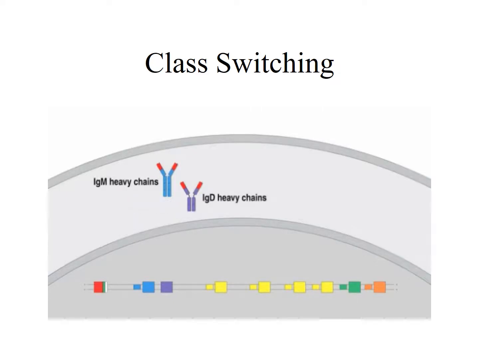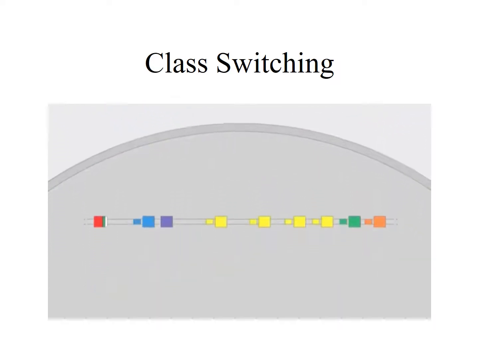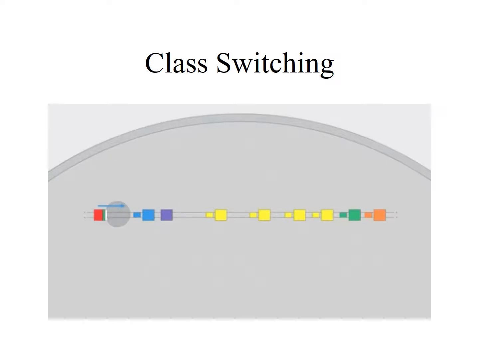After translation, the functional IgM and IgD proteins associate with light chain proteins and become expressed on the cell surface. In this initial orientation, transcription of immunoglobulin arises only from the promoter located upstream of the rearranged VDJ and produces only IgM and IgD isotypes.